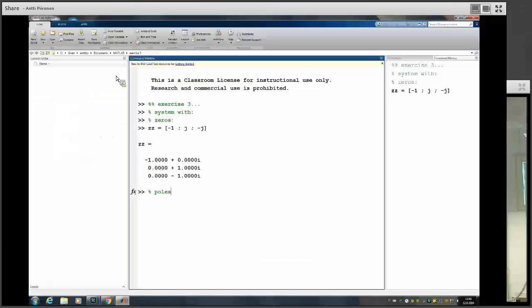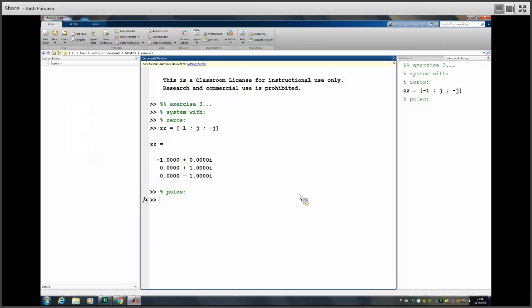Poles, P equals 0.4, point. Remember, the decimal point is a point. And then 0.7 times exponential of J times pi over 4, right?